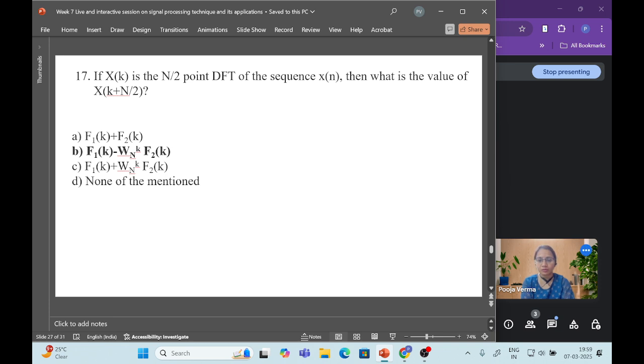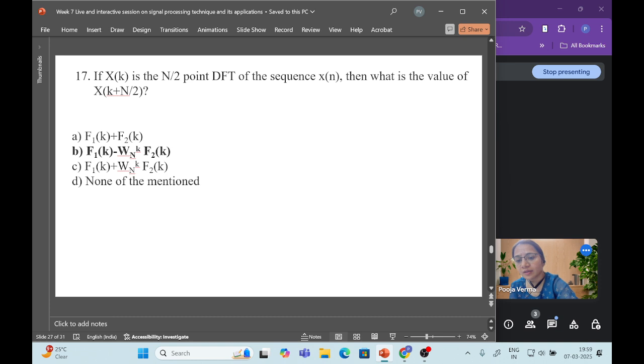Okay, so they have asked: if X(k) is the N by 2 point DFT of the sequence x(n), then what is the value of X(k + N/2)? Already we have solved this problem; I think it is similar to that one.